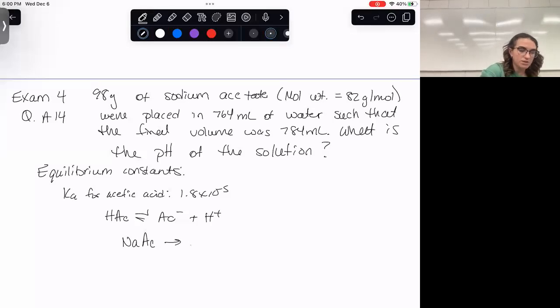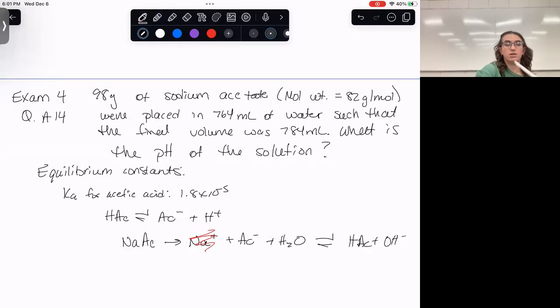This will completely dissociate into Na plus and AC minus. What does Na plus do? Na plus is a spectator ion. So when you have this fully dissociated solution that you then add to water, your Na plus doesn't matter anymore. And now you're left with an equilibrium.